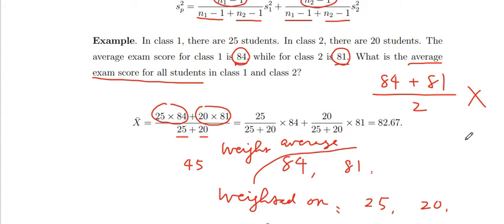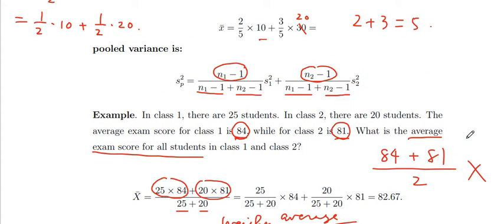Okay, so now we understand what the pooled variance is. Pooled means put them together, right? The pooled variance is the weighted average of the S1 square and S2 square variances, weighted on the degree of freedom.